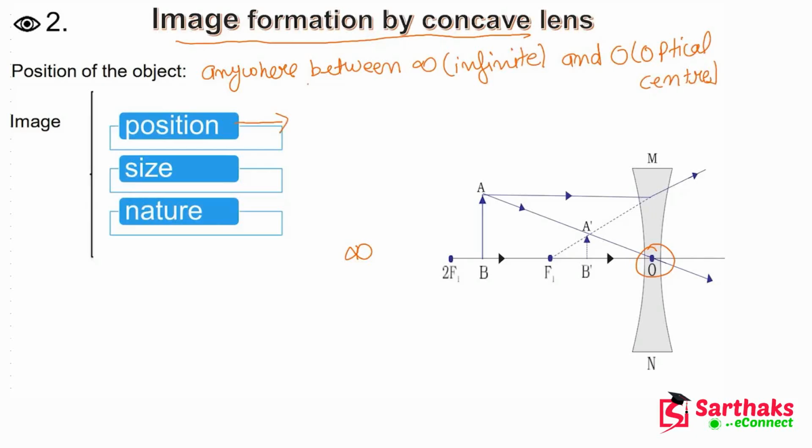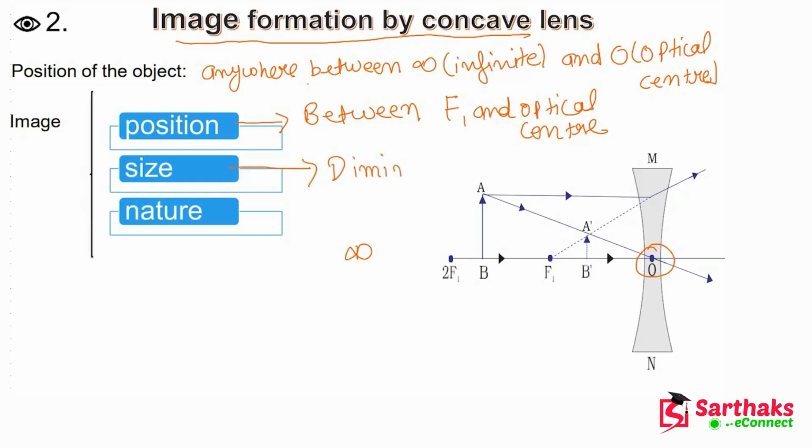The position of the image is between F1 and the optical center. And you can see in both the cases of concave lens, the image is on the same side of the lens, or you can say the image is on the same side as the object. Now let's talk about the size. So you can see that the size here is small. So for small sizes, we write diminished.